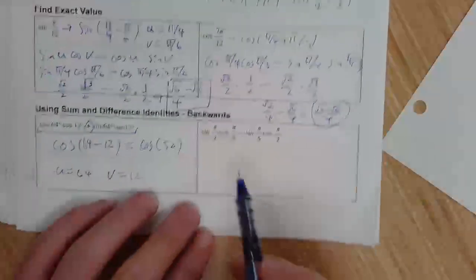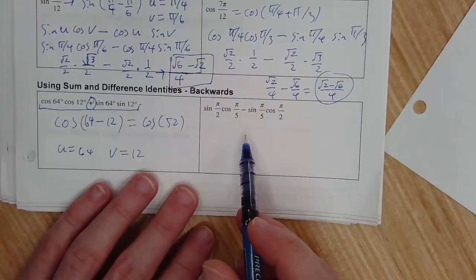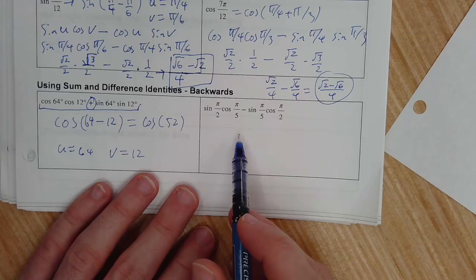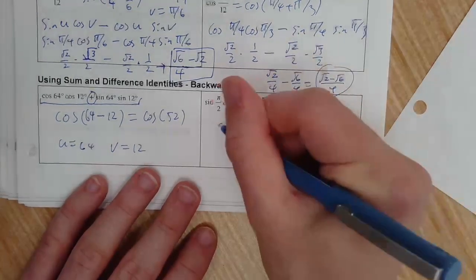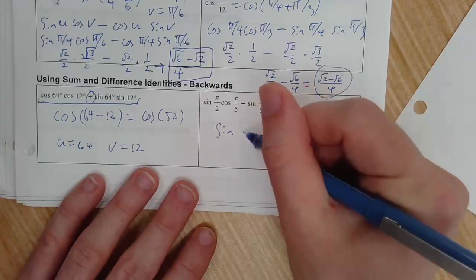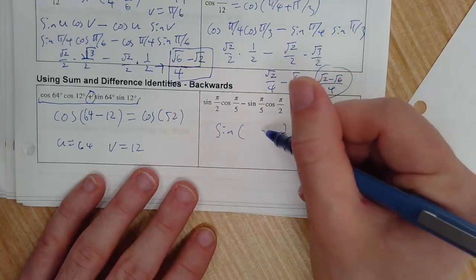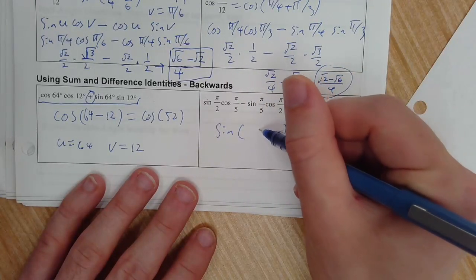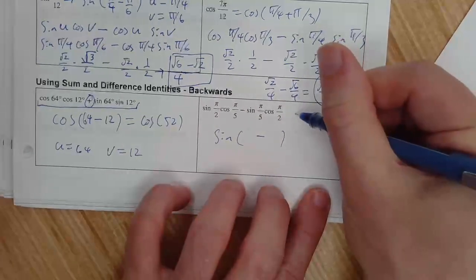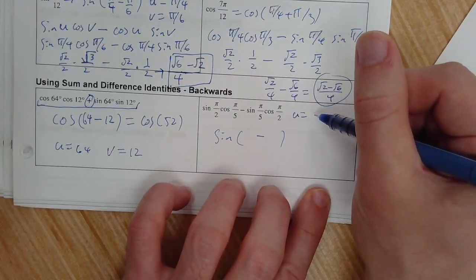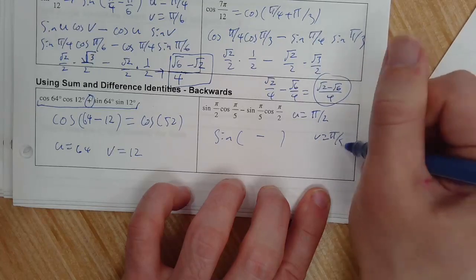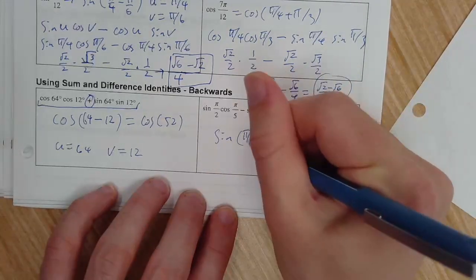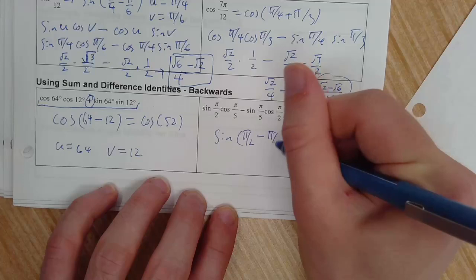So this one, is this a sine sum or cosine? This is sine, good. And is it going to be plus or minus? Minus. And what's my u, what's my v? So u would be pi over 2, and v would be pi over 5. So here we go, pi over 2 minus pi over 5.